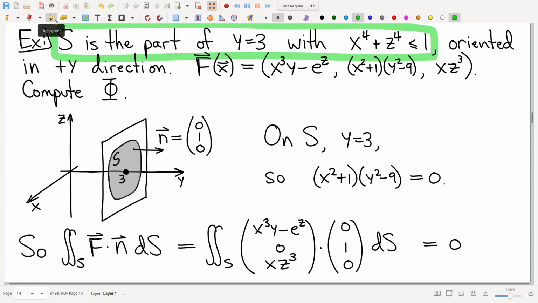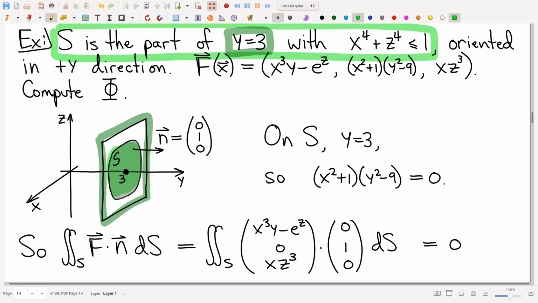But, very importantly, it's sitting inside of that plane. And complex though that inequality may look, that plane is really easy. That plane is just that right there. So my surface, it has a weird edge to it, but the surface itself is actually pretty, it's just flat with y equals 3.